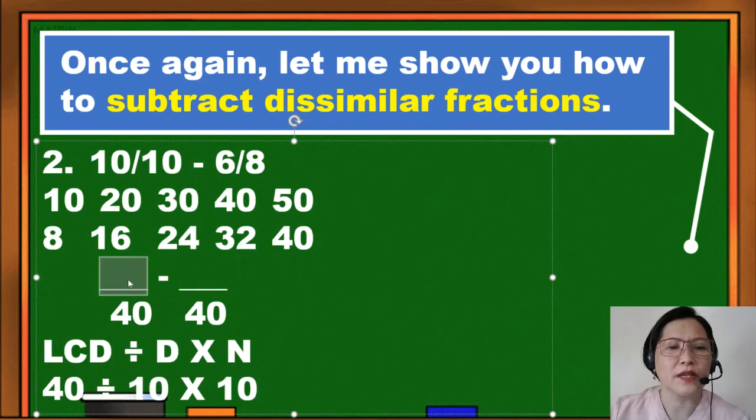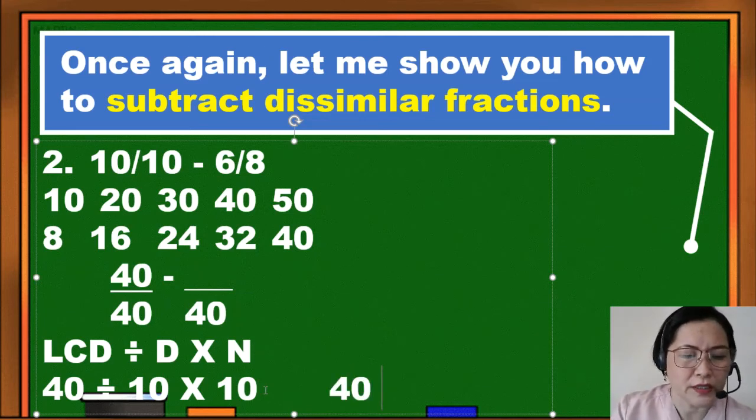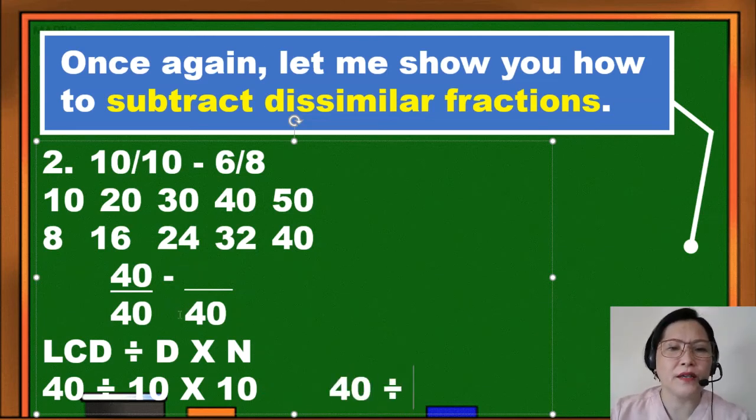So I will write here 40. Then 40 divided by 8, times the numerator, which is 6.